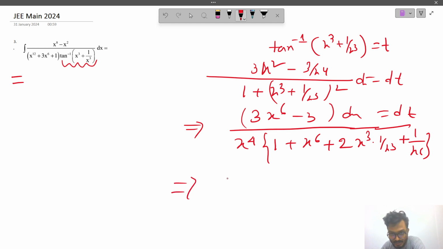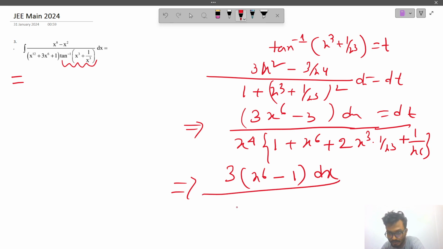Now this implies that we can take common 3(x⁶ - 1) dx divided by x⁴ into, if we take LCM x⁶, equals dt. So what do we get here?